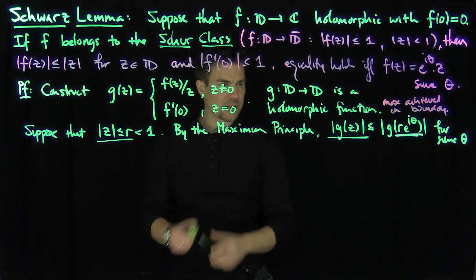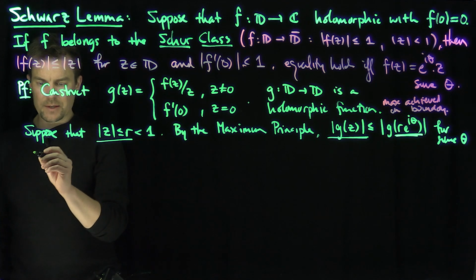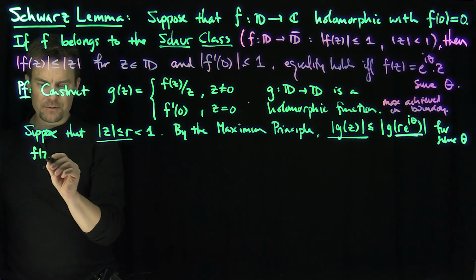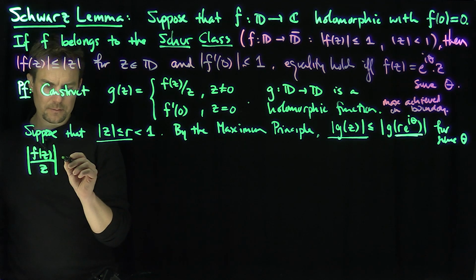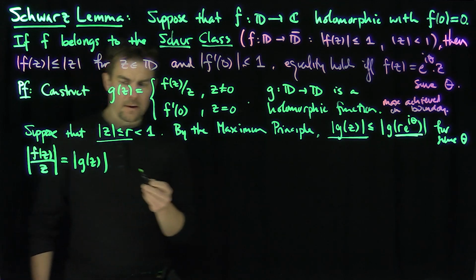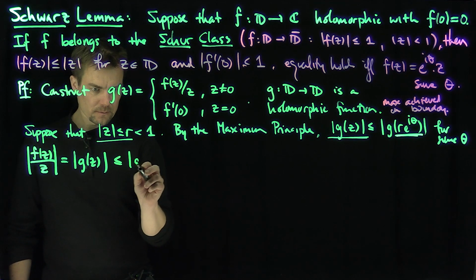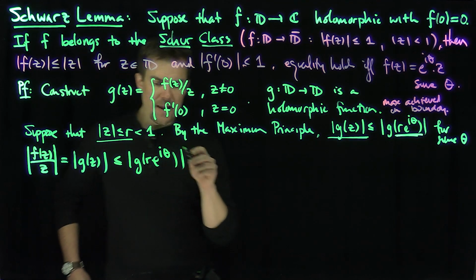Good. But what does that tell me now? I'm going to recast this. I know that g of z is f of z over z, so modulus of g of z is less than or equal to modulus of g of r e to the i theta for this particular value theta. And now what is this, of course?